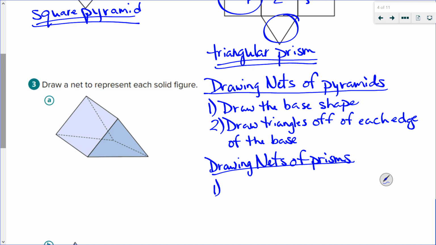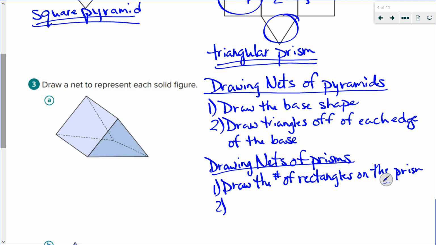This one is actually interesting because the first thing I'm going to do is draw the number of rectangles on the prism, and then draw the base shape, one on top, one on bottom.